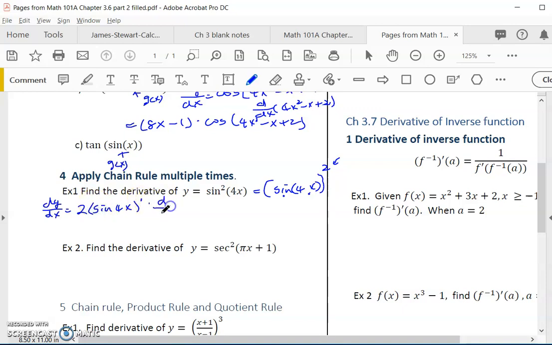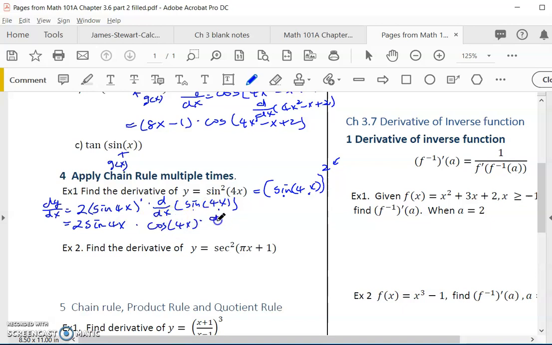Now I have to do d dx of sine 4x, right? d dx of sine 4x means this is actually an outside and this is an inside. So when I do this, I'll just copy 2 sine 4x times, what is sine of something? Is cosine of 4x.